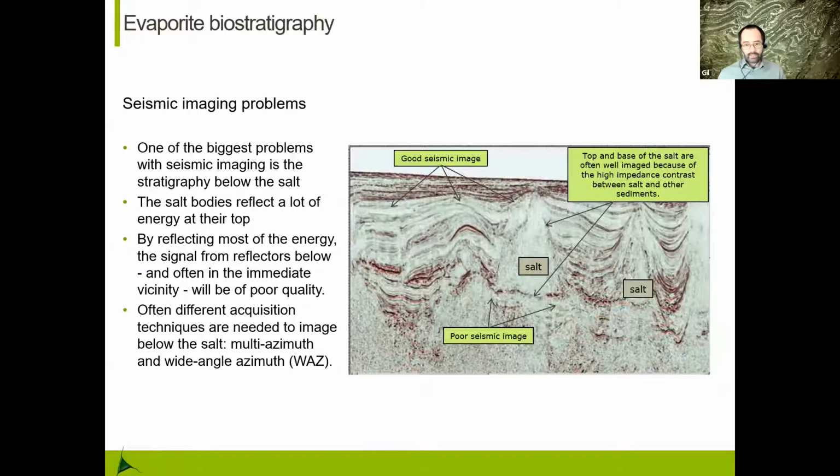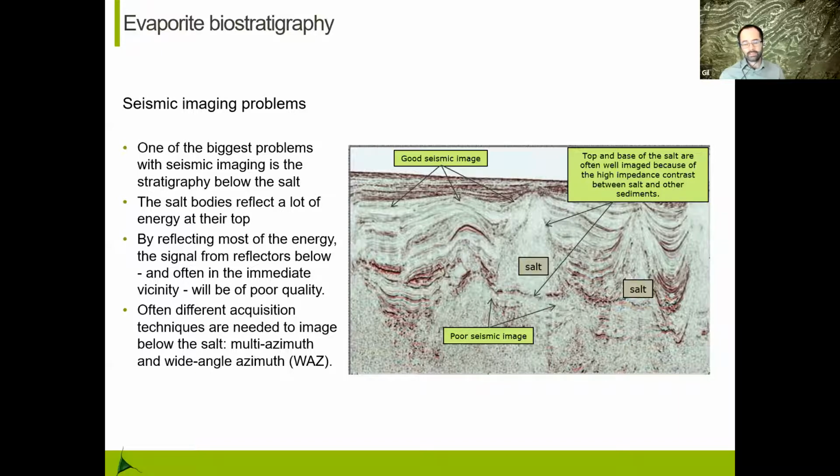It's not all fantastic things. When you're shooting seismic, salt can be a very big problem. In a very simplistic way, it basically absorbs most of the energy which is being transmitted in the subsurface, and anything below the salt will be difficult to image.